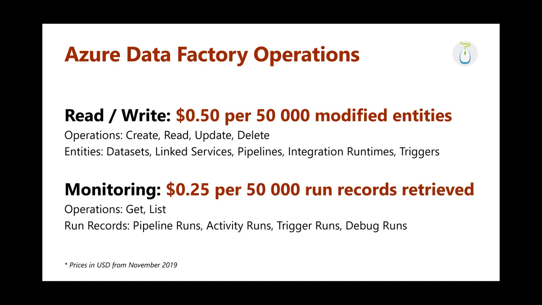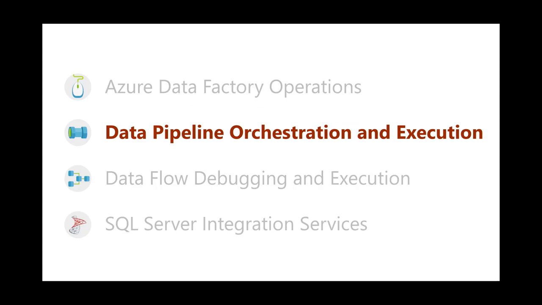Same thing with monitoring. 25 cents per 50,000 run records retrieved. You have to do quite a lot of development and monitoring for this to become a significant cost at all. So for me, this is not something that I even look at when I'm estimating my projects. It's such a small cost, but I do want to point it out because everything that you do inside of Azure Data Factory has a cost involved.